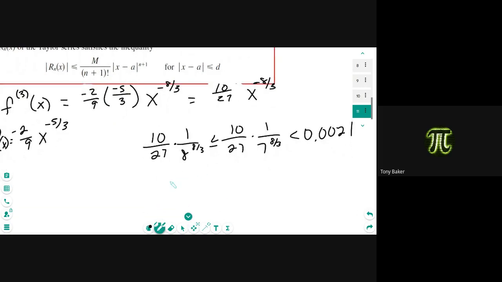So my remainder of the second degree is less than or equal to 0.0021 divided by n, which in this case was 2. And we're going off 1, right?